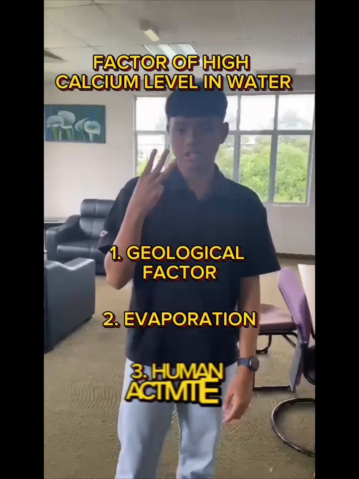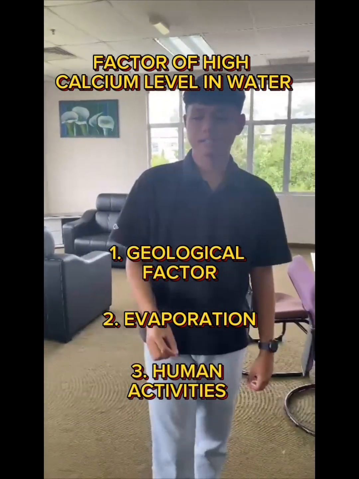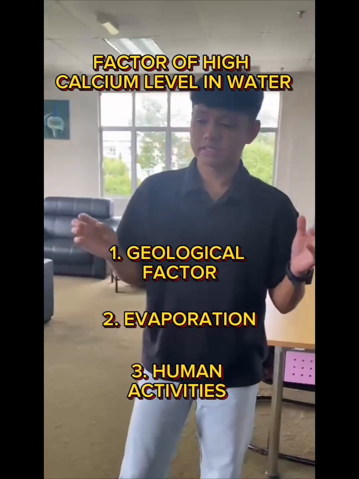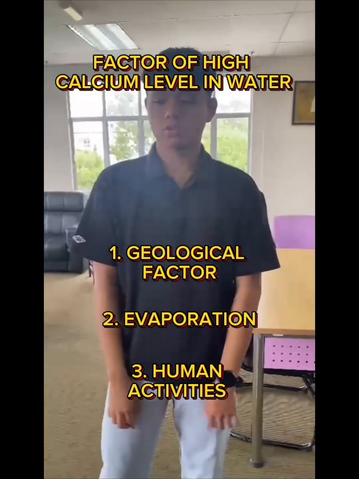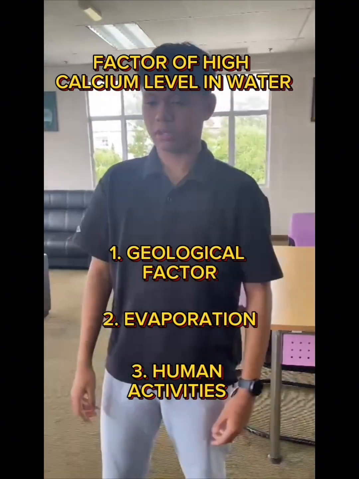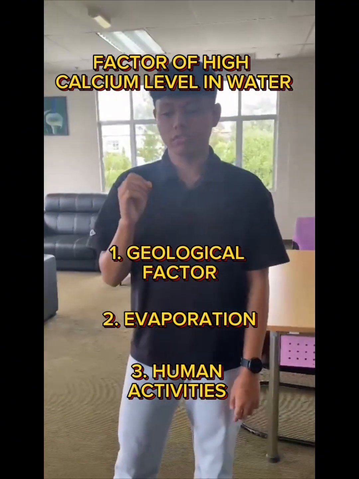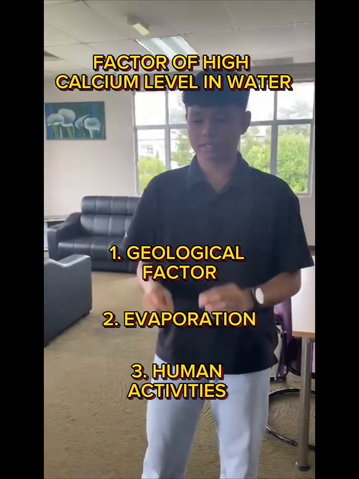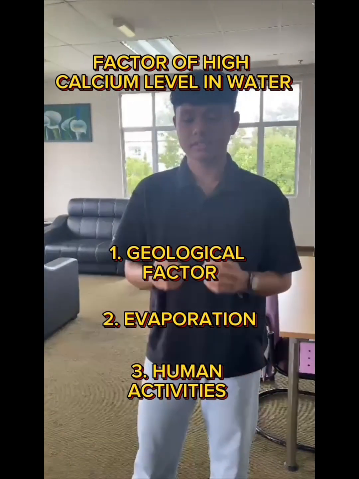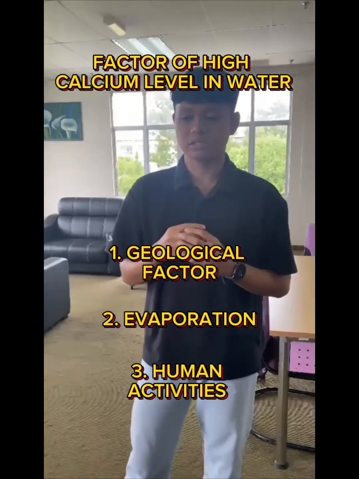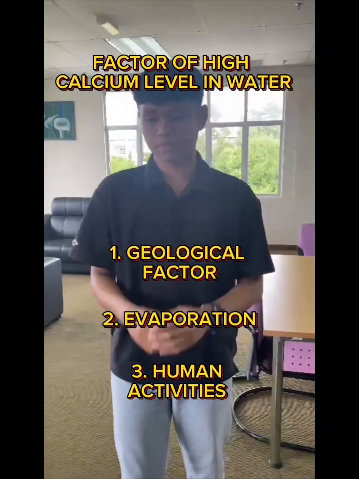The third one is human activities. Certain agricultural and industrial activities can contribute to increased calcium level in water. For example, the use of lime in farming to neutralize soil acidity can result in runoff, carrying calcium into nearby water bodies.